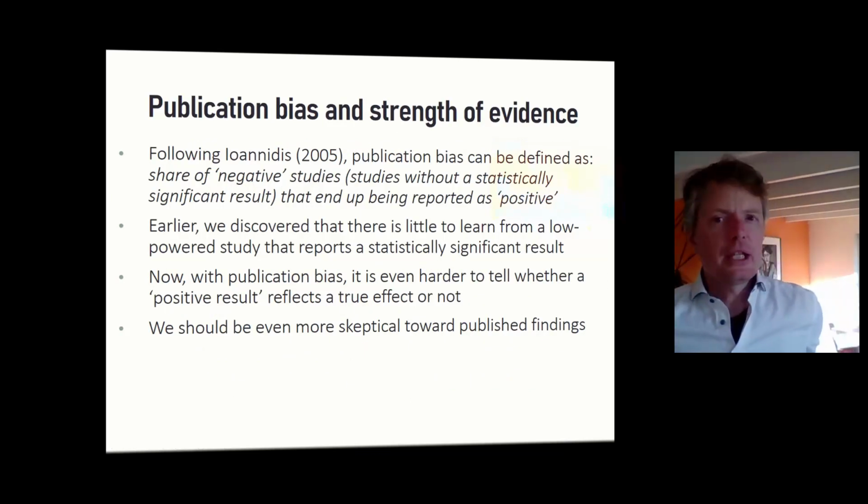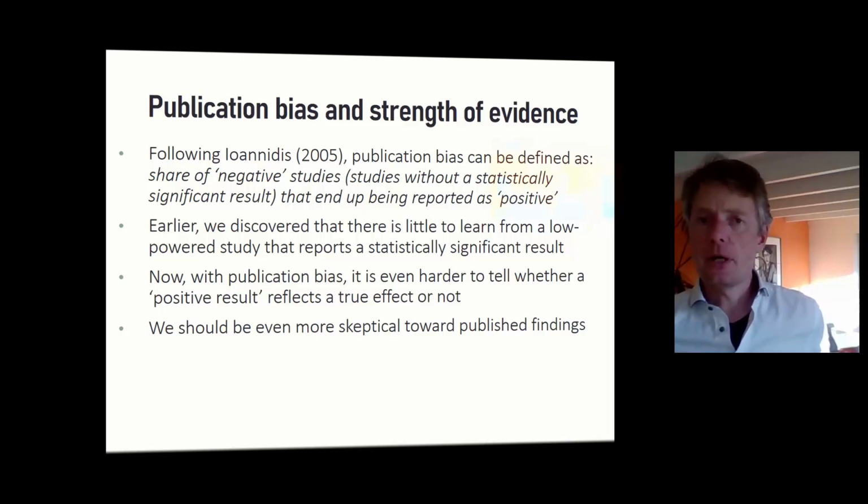Now, when we are thinking about strength of evidence, then you feel this coming, that strength of evidence being posterior over prior. If there is bias, then the strength of evidence is likely to go down, and I'll explain to you exactly how that happens.